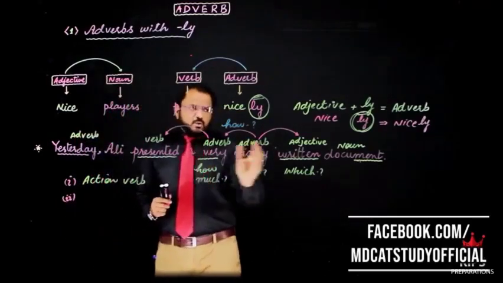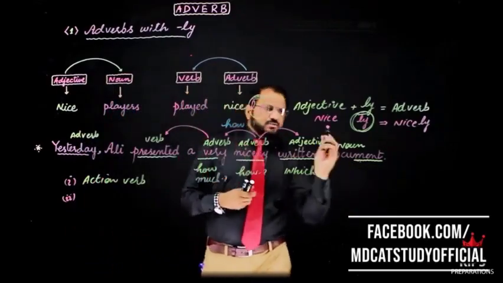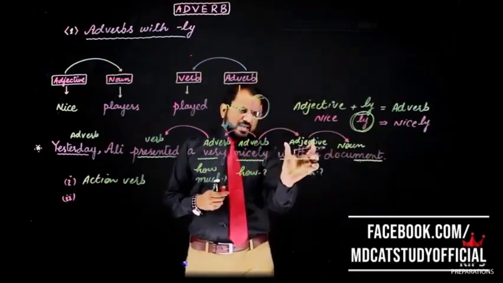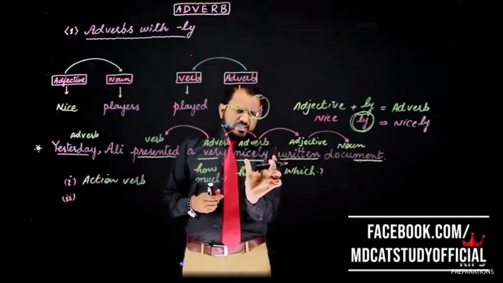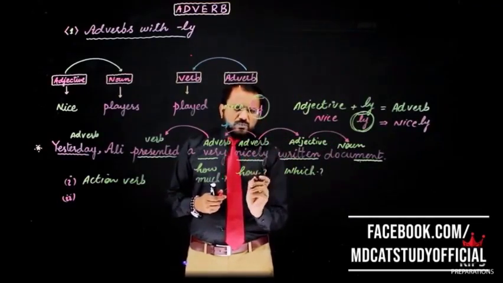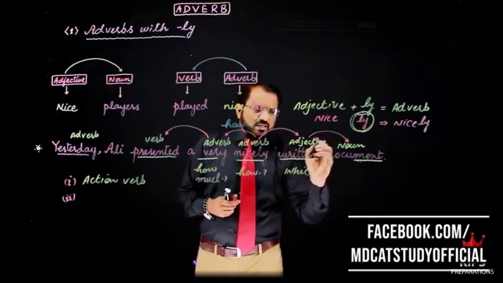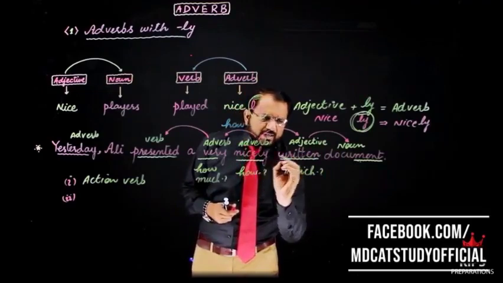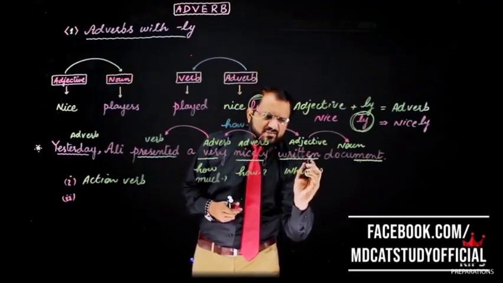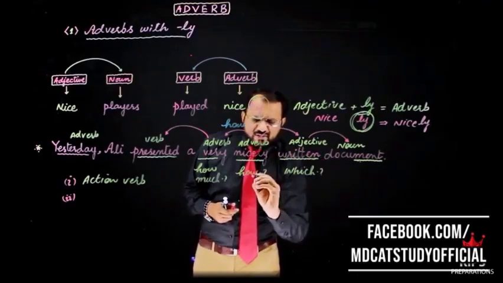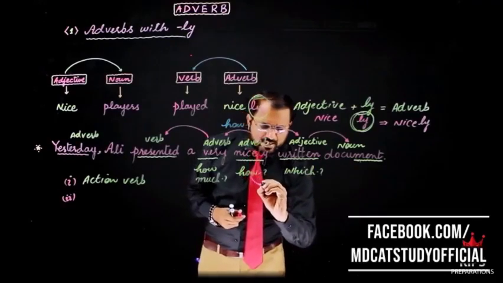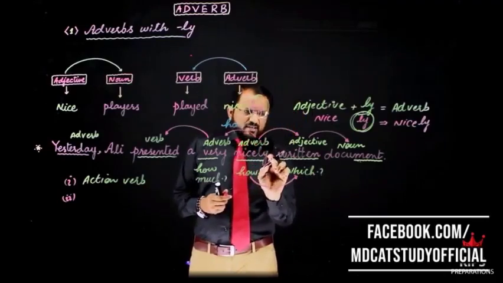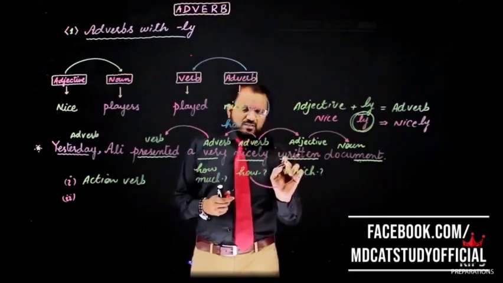Look, the word added to the meaning of a noun is called an adjective, and the word added to the meaning of an adjective is called an adverb. So look at this: when an adverb adds more meaning to an adjective, written is an adjective. Whenever an adverb adds more meaning to an adjective, it takes ly: nicely written.